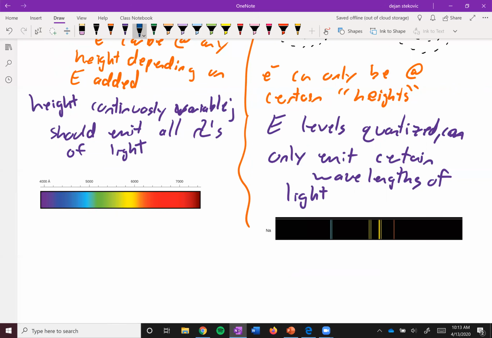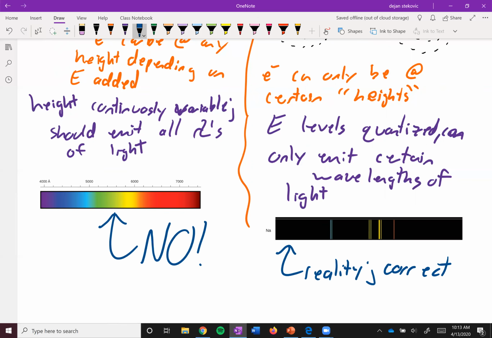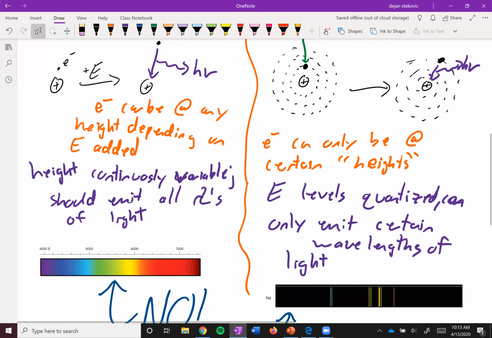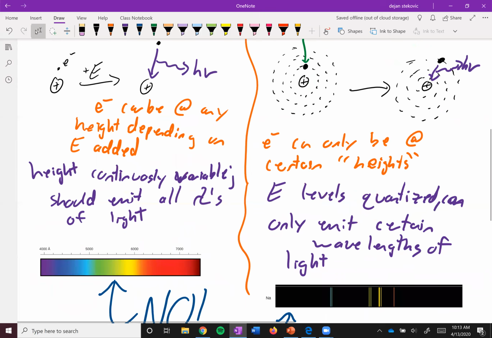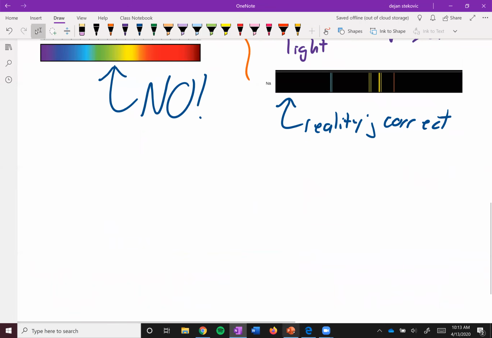And so if you look at the spectra of real atoms, this one is reality. This is the correct one. We never see this. And so this tells us that the energy levels in an atom are quantized. The electron cannot be as far away from the nucleus as it wants to be. It has to stay in these things we call orbitals. These energy levels are quantized.